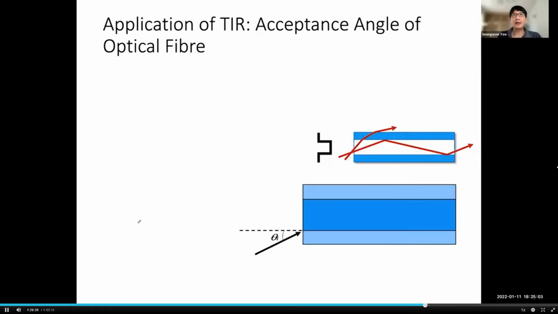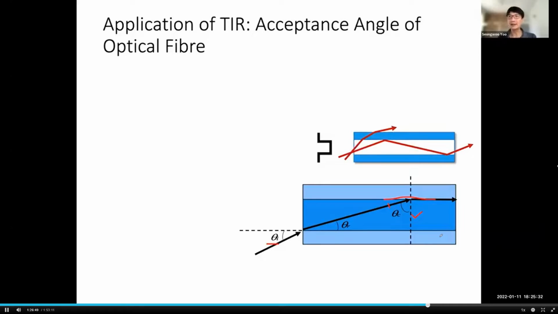Let's say we have an incident angle theta i, which will refract into this glass medium, and then this refracted light now becomes an incident light to this second interface. If this incident light strikes at the critical angle, then we can realize the total internal reflection.